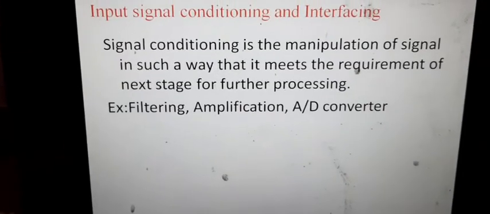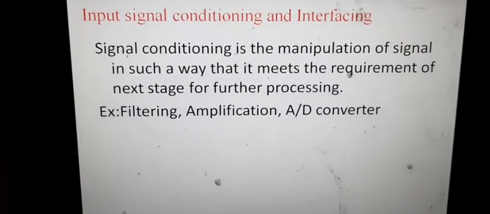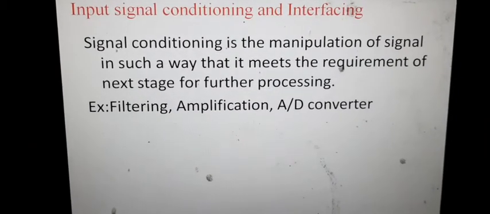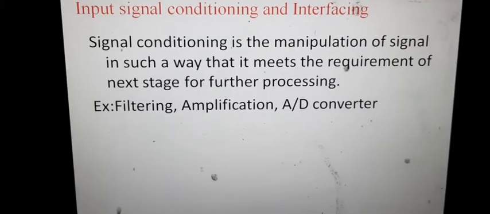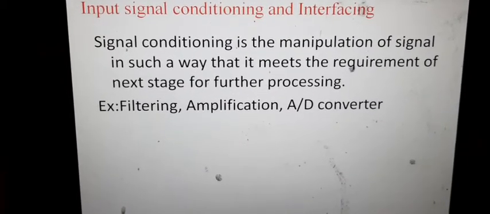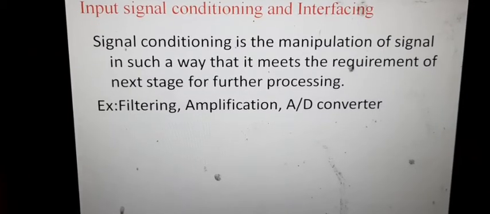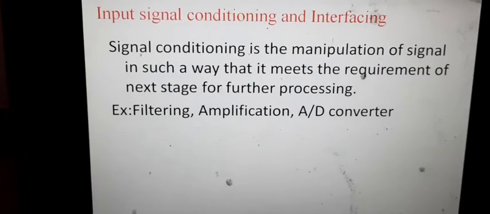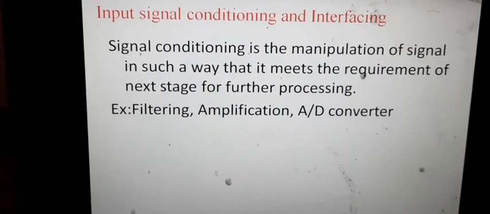And next, coming to signal conditioning and interfacing. In signal conditioning, we do some kind of modification or manipulation of the signals so that we can use them effectively in the next stage. The signal which we get may be interrupted because of many things.